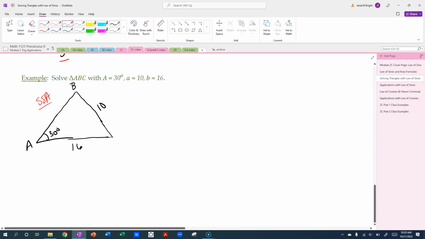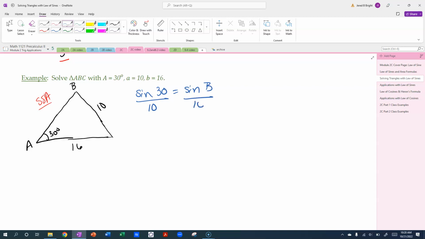And so again, just going forward, sine of 30 over 10 is equal to sine of angle B over 16. Again, that would be the matching pair. So then going forward, we'd solve for sine B. This is equal to 16 sine 30 over 10.